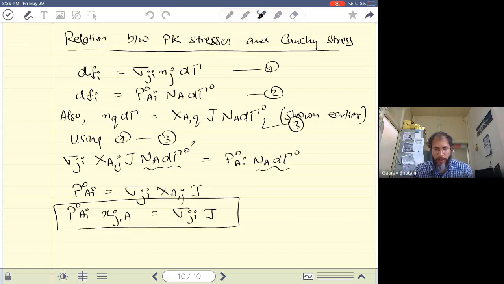So this is the relation, and if you want the relation for PK2, then again it's easy. We know that PK2 is defined in such a way so that P_0 a_i is simply x_i,b, then you already have x_j,a, then you have S_ba.